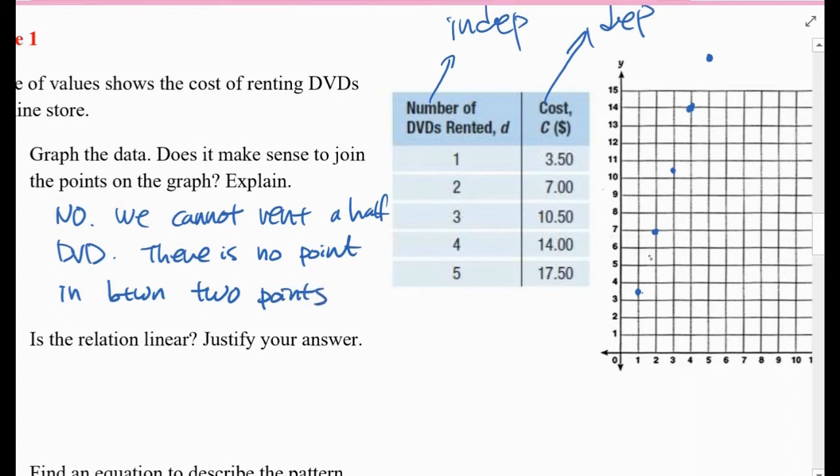Therefore, we do not join the points. And that's called discrete data. Usually, countable data are discrete data. So you can count the DVDs: 1, 2, 3, 4, 5. The number of DVDs is countable. That is discrete data.